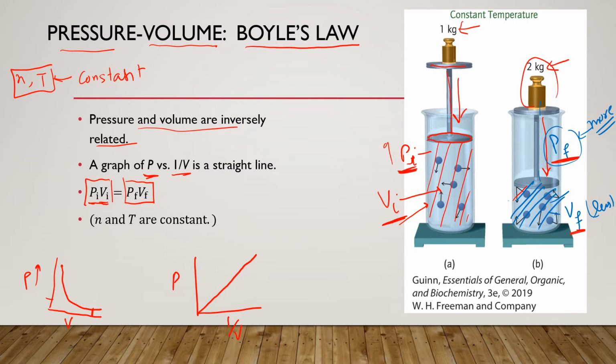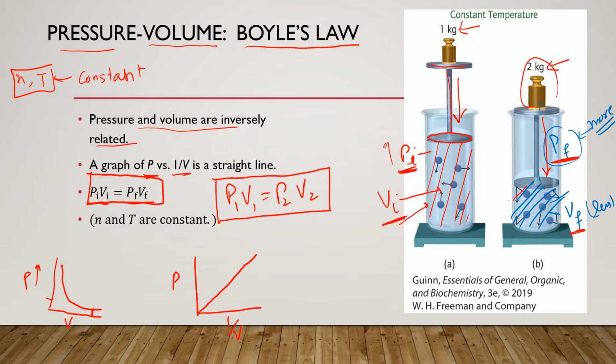So this relationship or this equation is used to solve problems related to Boyle's law. So Boyle's law can be summarized as PIVI equals PFVF. Sometimes we also write it P1V1 equals P2V2, where 1 means first or initial state and 2 means the final state. We'll take a look at a problem and we'll see how we can apply Boyle's law to find unknown pressure or unknown volume of a gas.